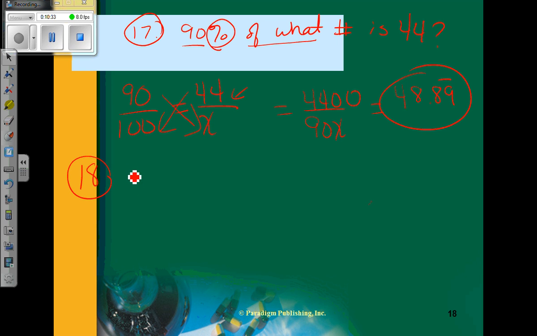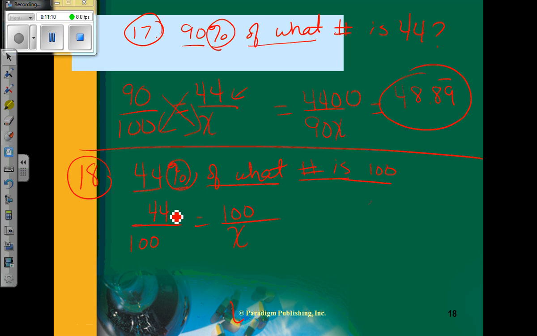Number 18, if we take 44% of what number is 100? Okay, we know we have 44%. Percent means 100. Number is, or the is 100. So your 100 would go on the top. And you're trying to find of what number, so that would go on the bottom.